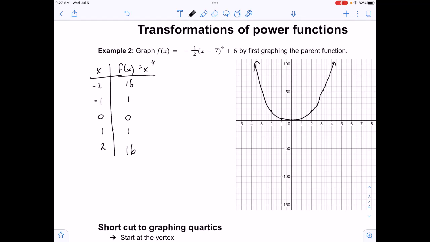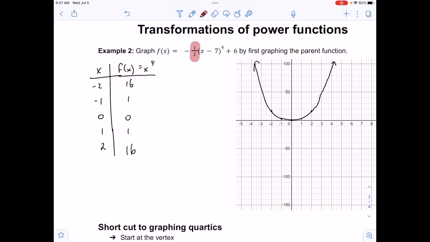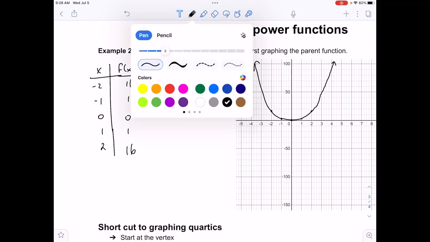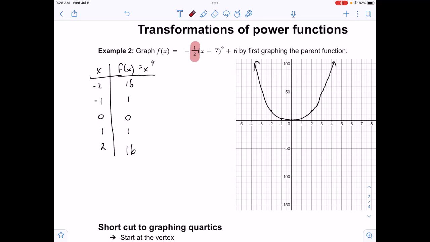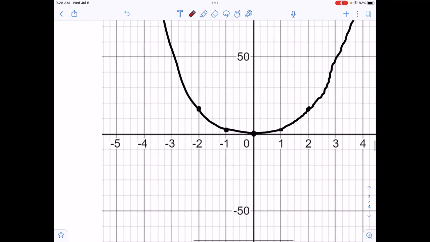Okay, now let's graph those transformations. I'm going to start by doing my vertical stretch. I'm going to cut everything in half. Let's do it. I'm going to cut these in half. They're going to go down a little bit further. 16 will drop down to 8, so it'll be about there.